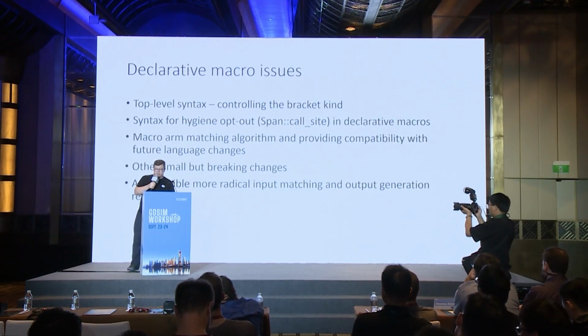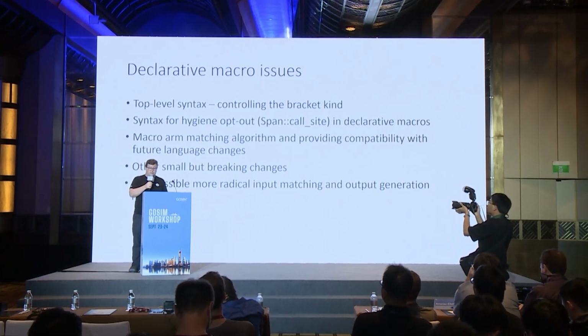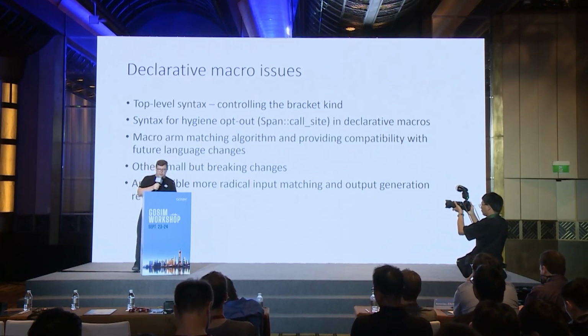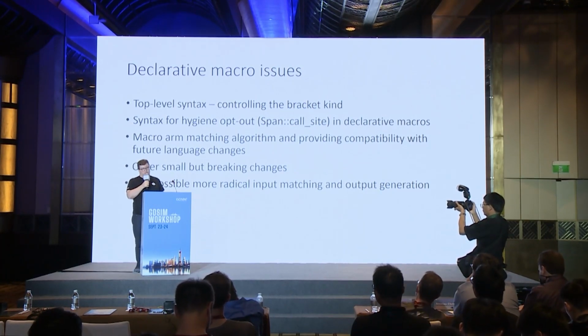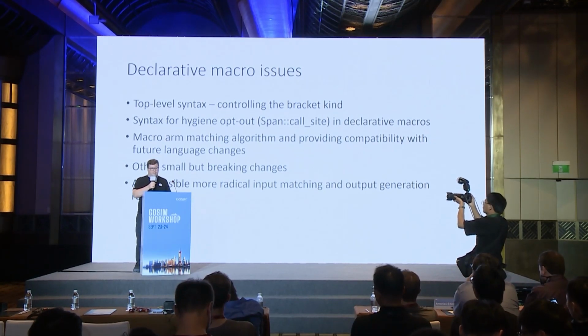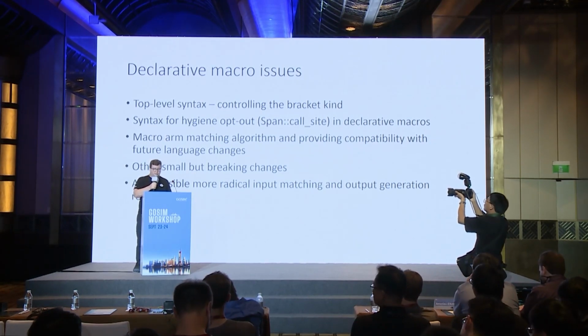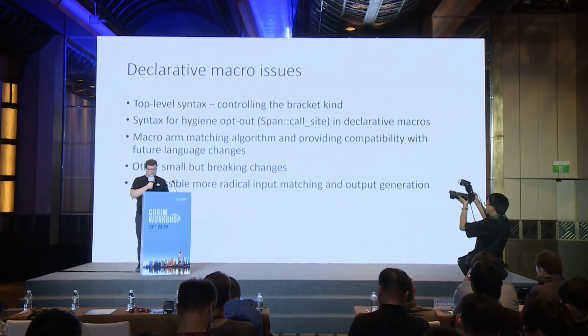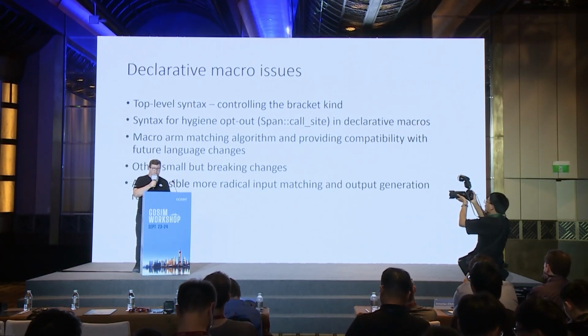And declarative macros have their own set of issues, mostly related to syntax, to syntactic sugar. For example, in the top-level syntax, we may want to control the bracket kind accepted by the macro, maybe not. And some syntax for hygiene opt-out, so the span call site API should be available for declarative macros, not just procedural macros.